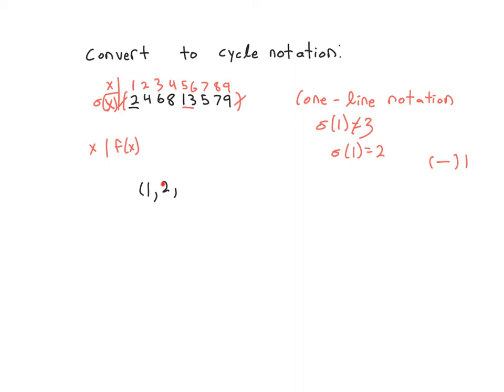So now we want to figure out what the permutation does to 2. So in each of these cases, we're starting with an x-coordinate, figuring out the corresponding y-coordinate, and then writing that next. Now we're going to treat the number you just wrote down as an x-coordinate. So now 2 is our x-coordinate. What is the y-coordinate for that? So what's sigma of 2? It is 4.